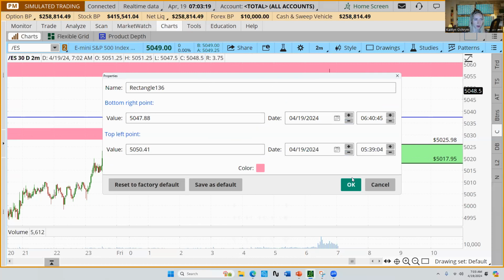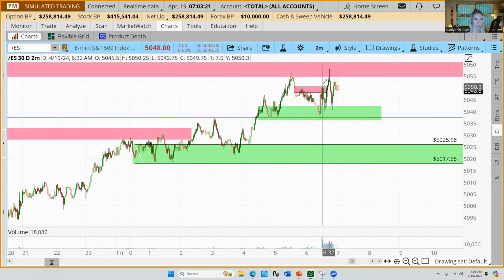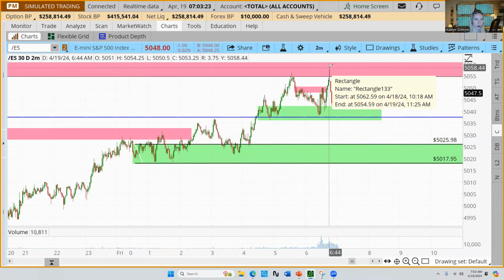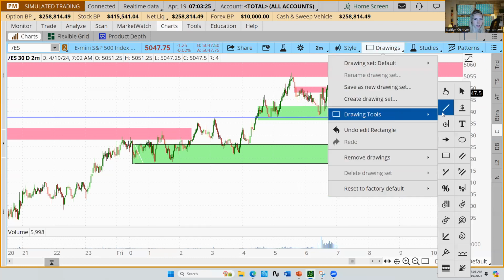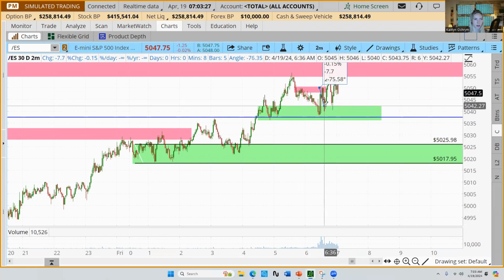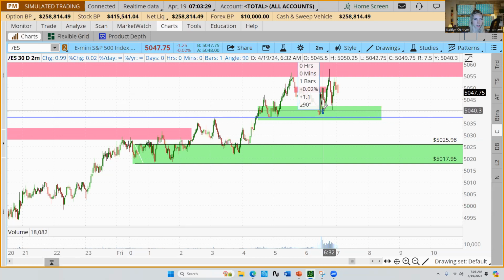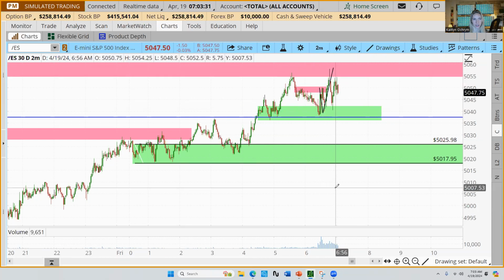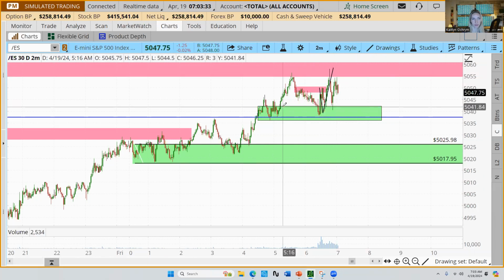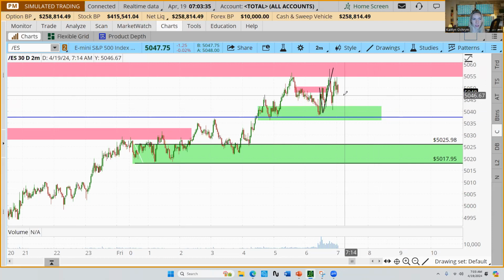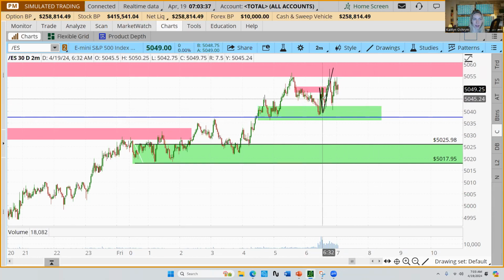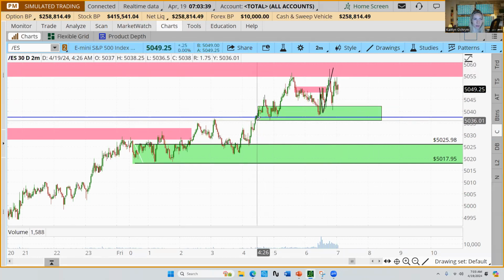Resistance I mark with the pink box. Resistance, resistance, broke out. So then that makes this our controlling breakout pivot to the upside. So if we're looking to go short, I'm going to line up that controlling breakout pivot with the support and say looking to go short.